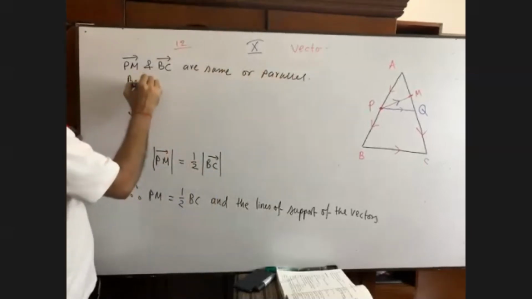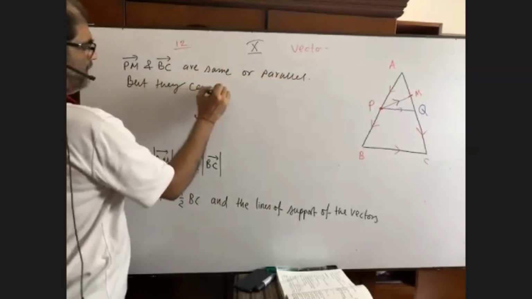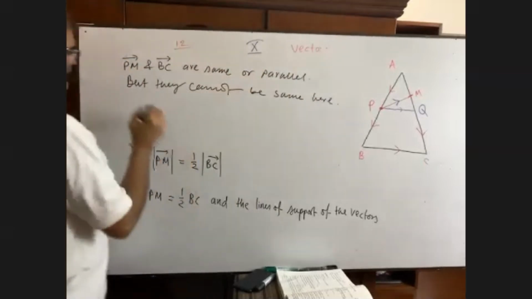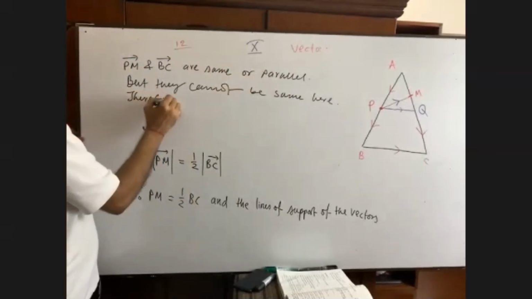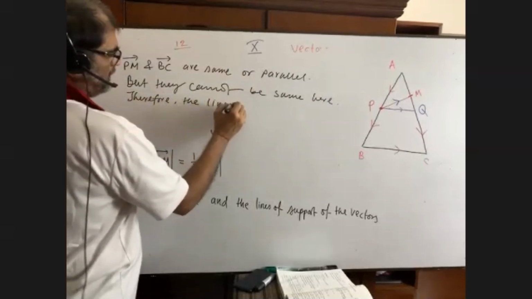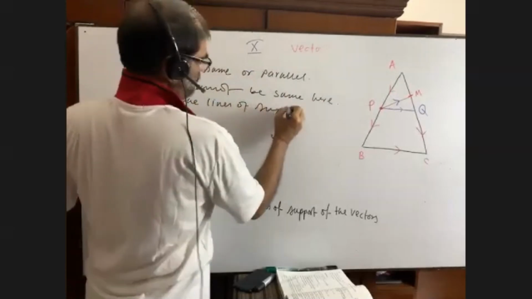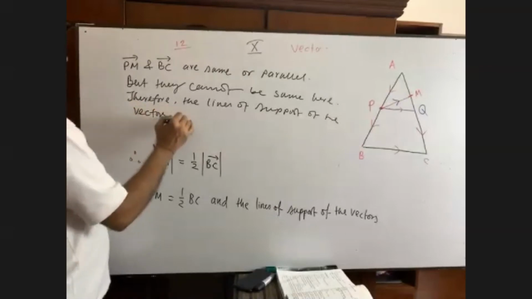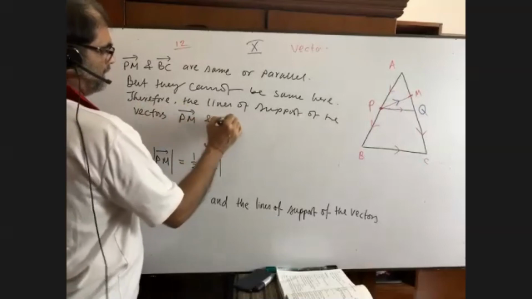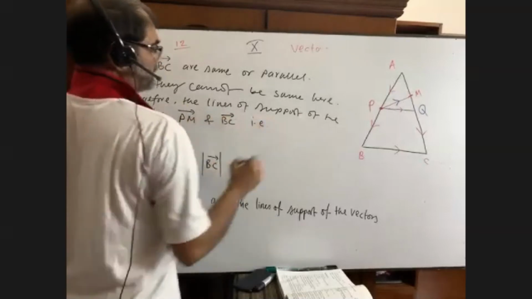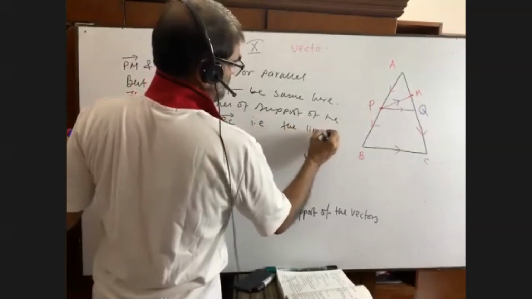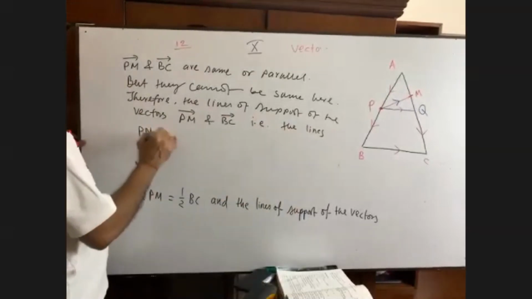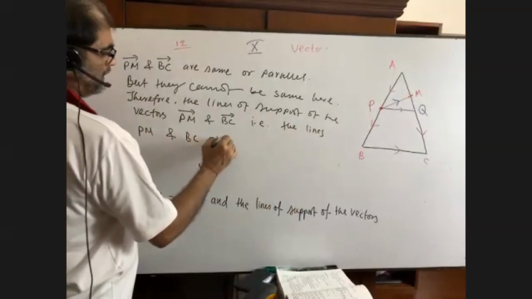but they cannot be same here. Therefore, the lines of support of the vectors PM and BC, that is the lines PM and BC are parallel.